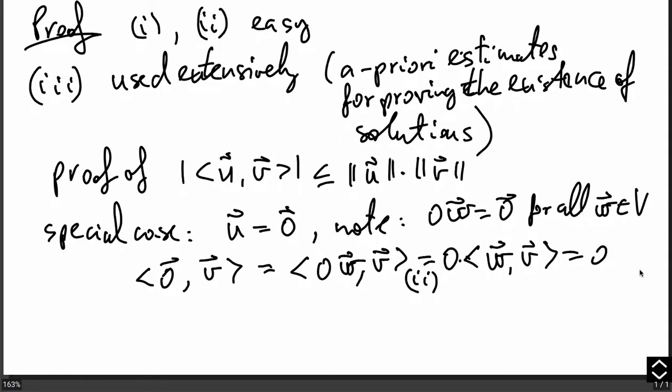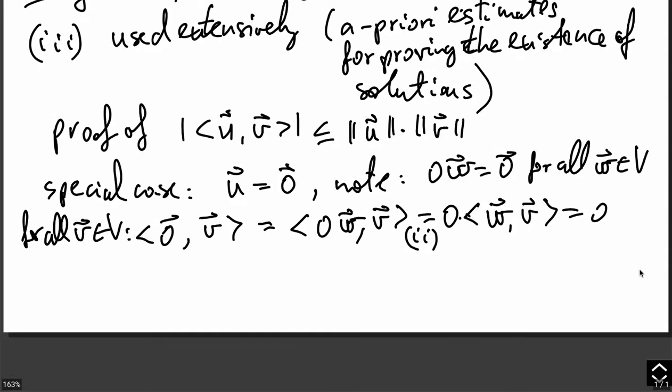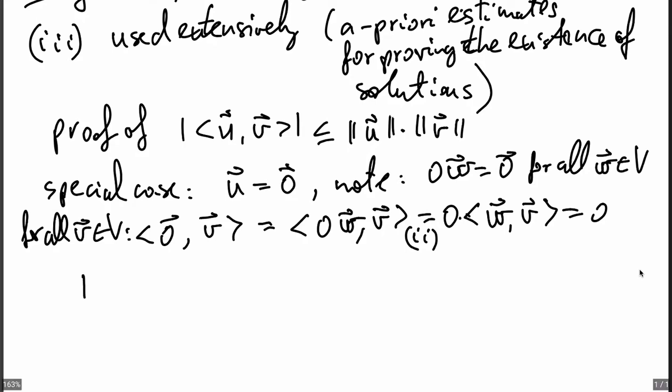So this holds for all v vector. And then that means that on the left-hand side we have the magnitude of the 0 vector inner product with a v vector.